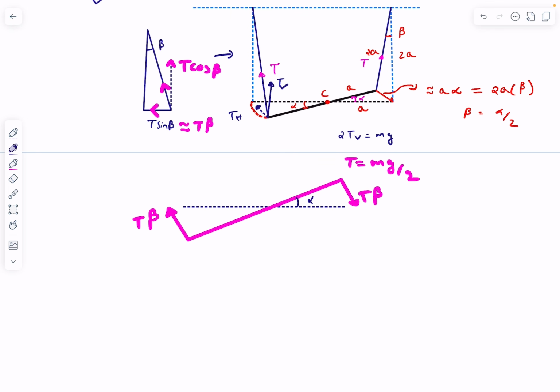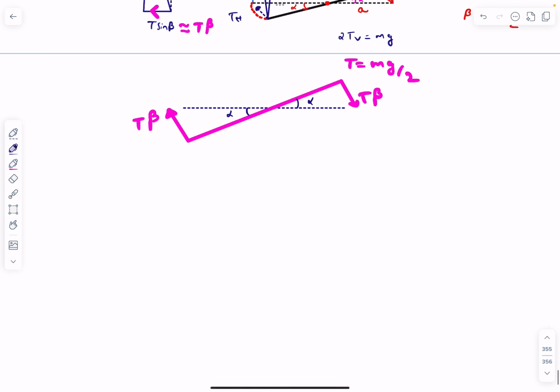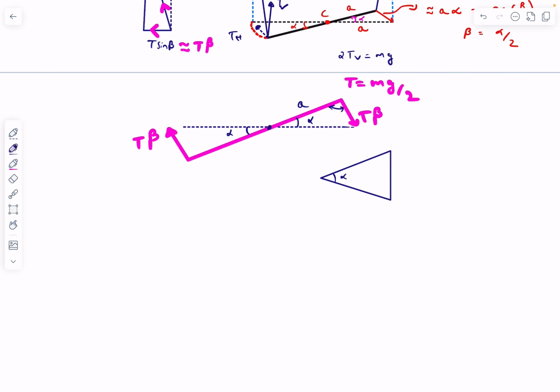So this angle is alpha, this angle is also alpha. Now how do we find out the torque because of this T beta? That will be nothing but this length A multiplied by T beta multiplied by the sine of this angle. Now this angle over here, guys, okay, this angle is alpha. These two side lengths are A, so these two angles are pi by 2 minus alpha by 2, right?